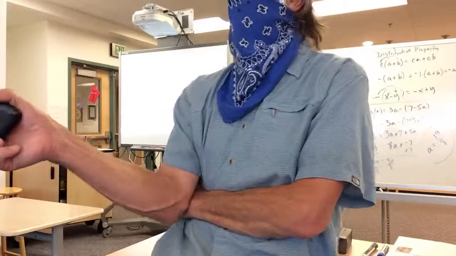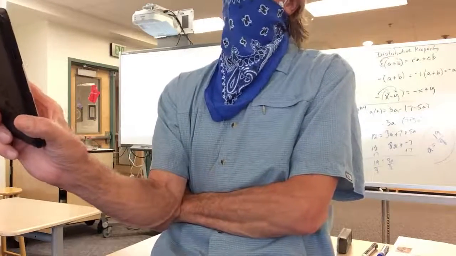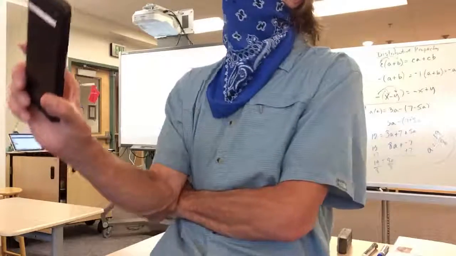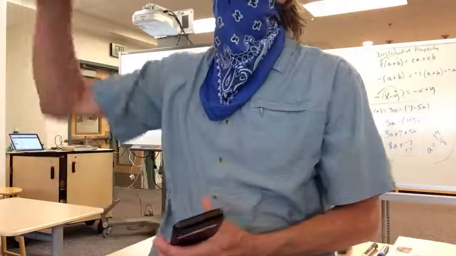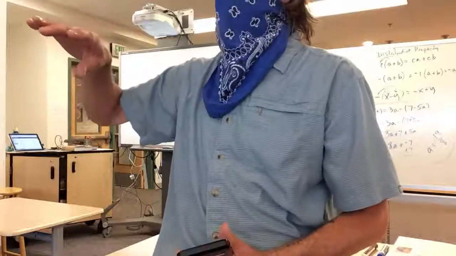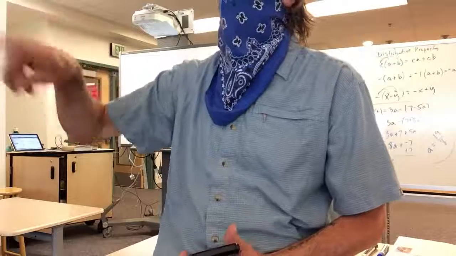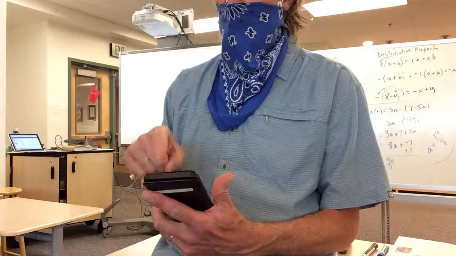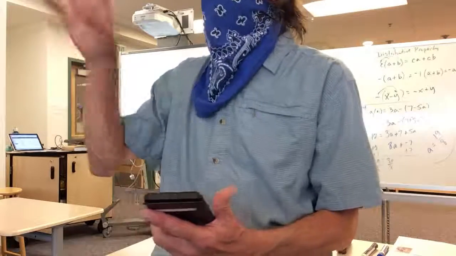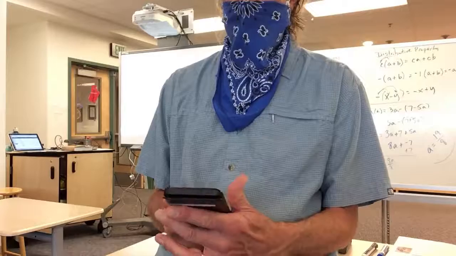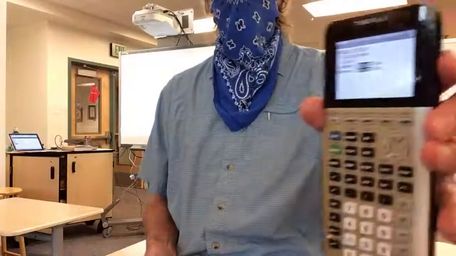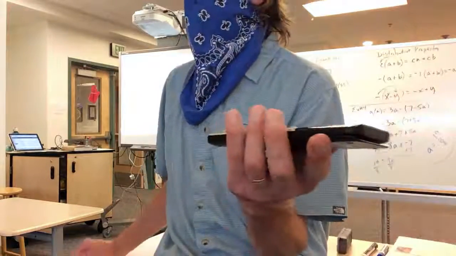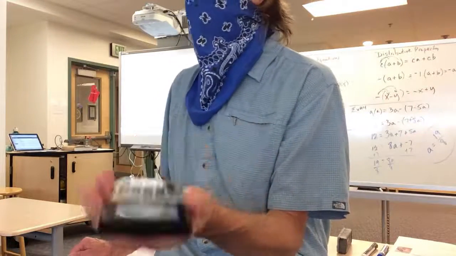You guys there? All right, so it will say table setup, and then it says TBL start. So if you want your table to start on a particular value, like 100, so you don't have to scroll through a big long table of values, you can make it so that when you view the table, it starts at any point you wish. And then you see where there's a little triangle TBL, that's actually delta, Greek letter delta, which means a change in.